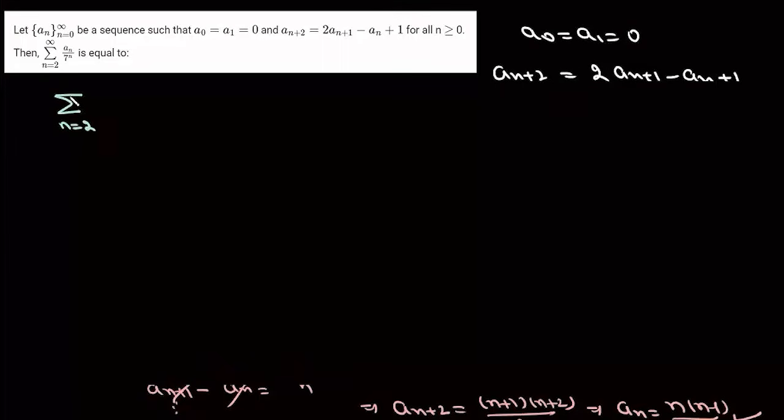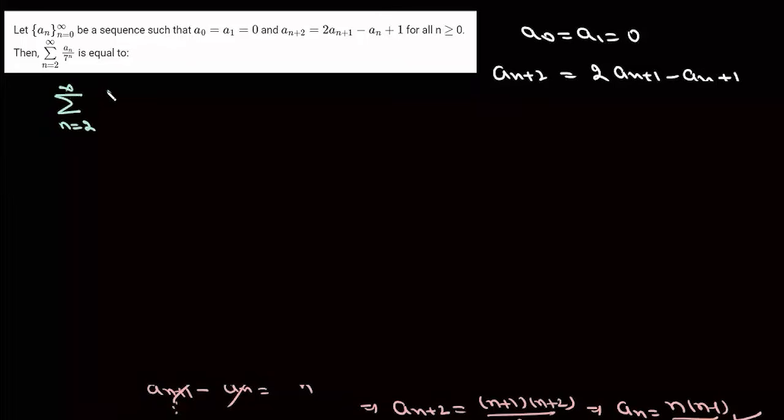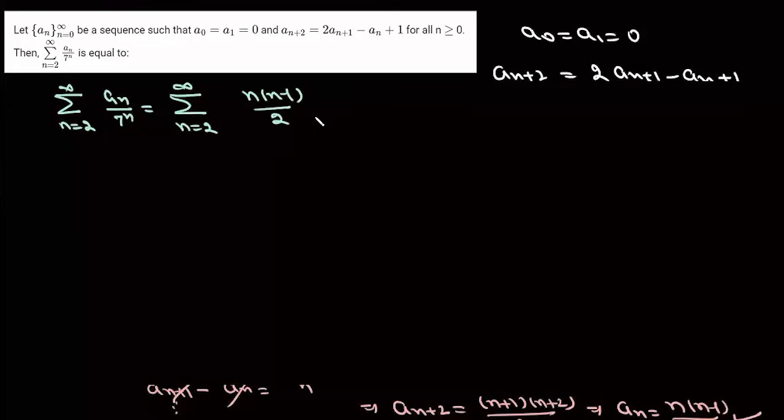The sum over n from 2 to infinity of (n minus 1)/2 into 1 by 7 to the power n.